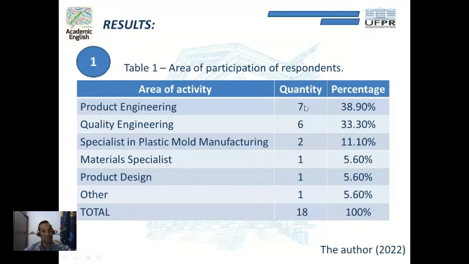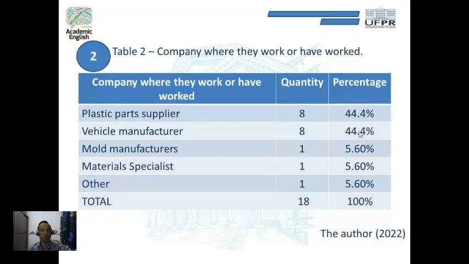In top one, we can see product engineer and quality engineer, 33.3%. Company where they work or have worked: the top 2 and 1 are plastic parts suppliers, vehicle manufacturers, and both, 44.4%.